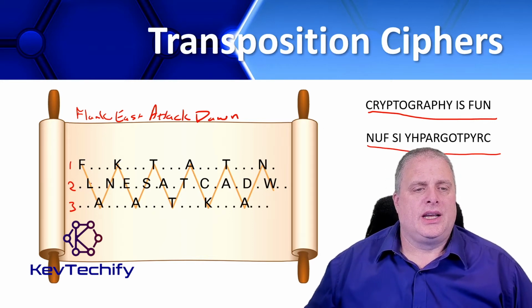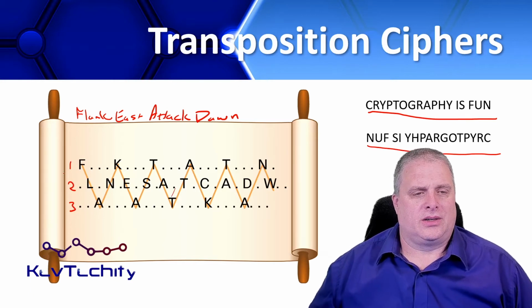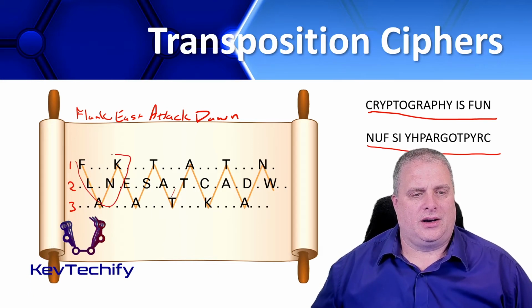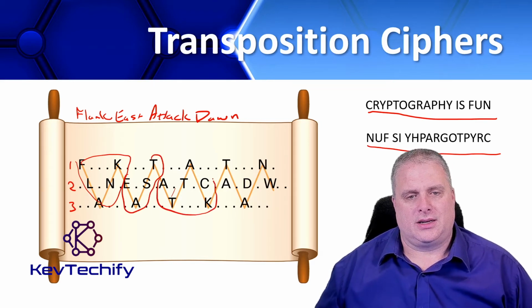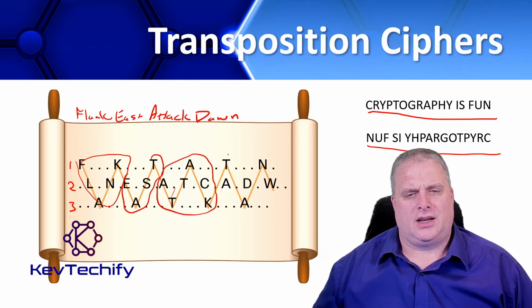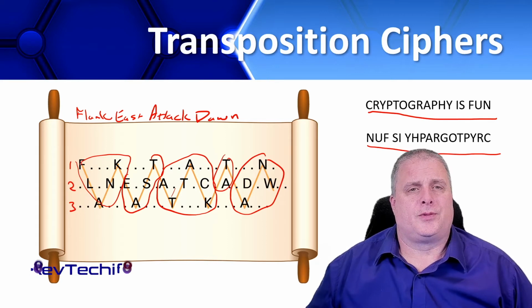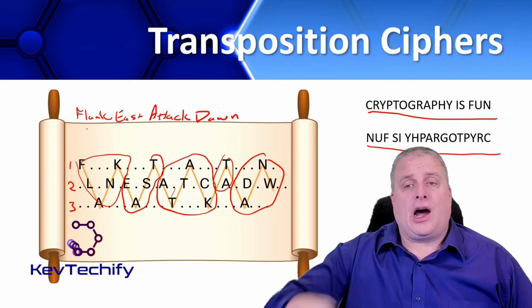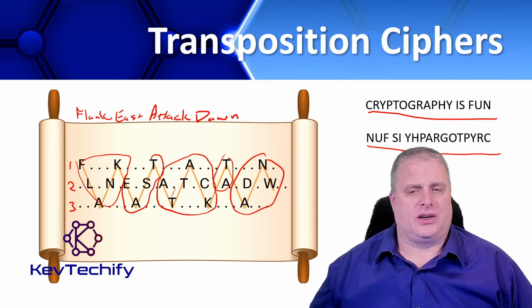And as you can see, flank east is right here. Attack. So we got flank right here. East. Attack. At dawn. Going up and down in our transposition cipher. Now, how you would write this out is you go across the top rail and you write down those letters.